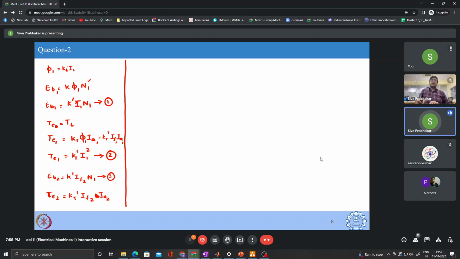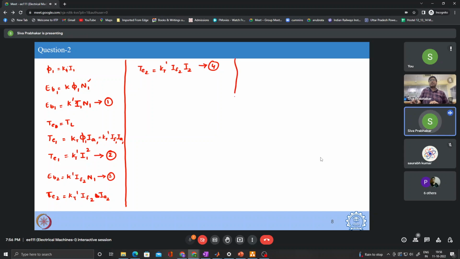In the second condition, IA2 is I2, which I am taking. So TE2 will be nothing but KT dash into IF2 into I2. So this forms my fourth equation.